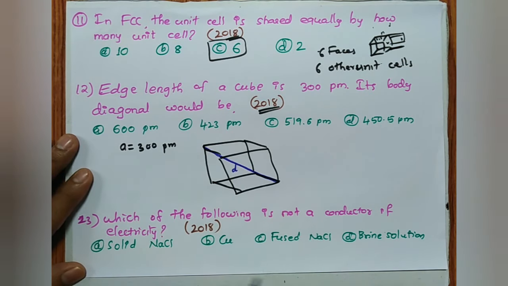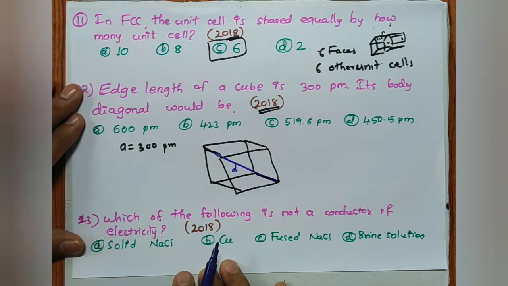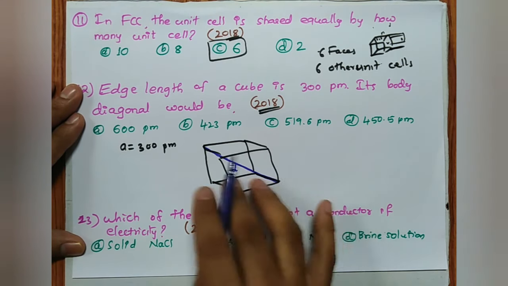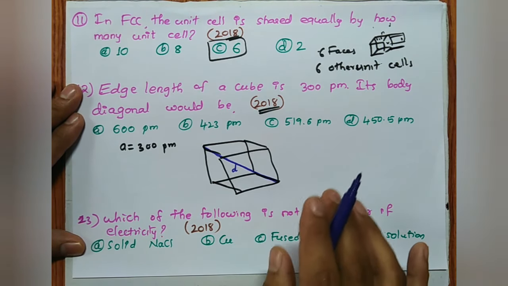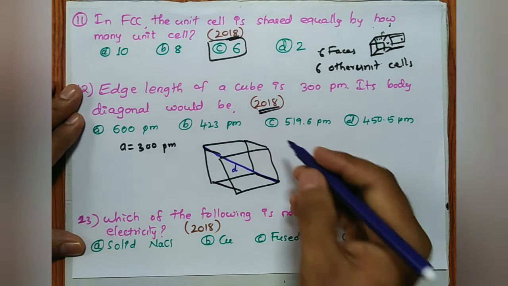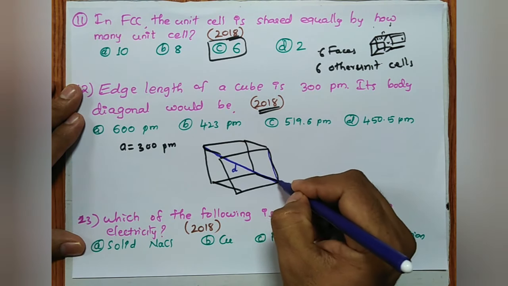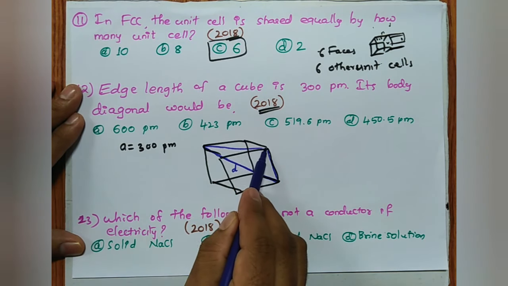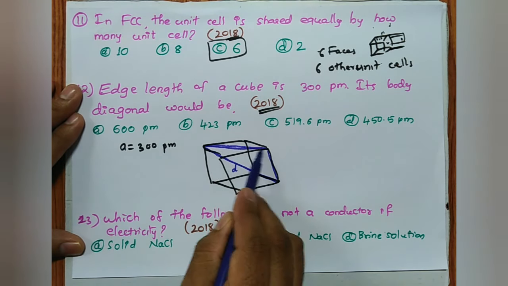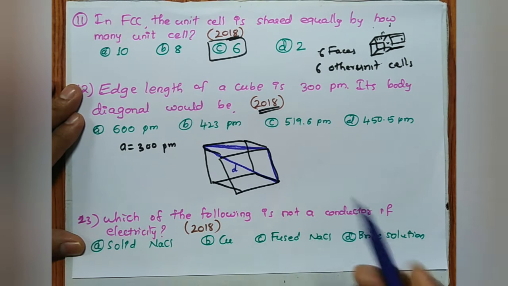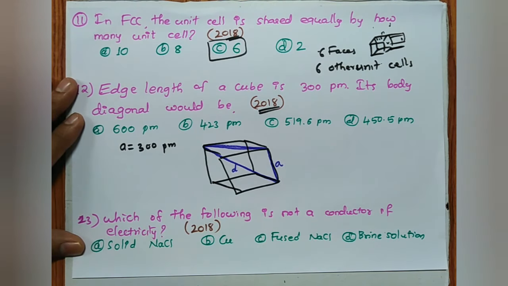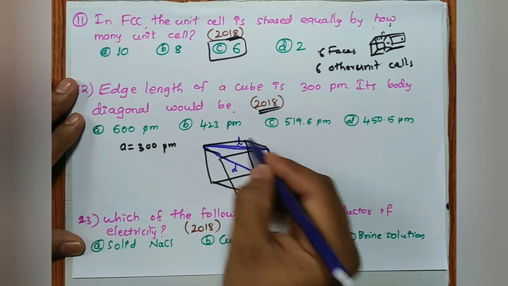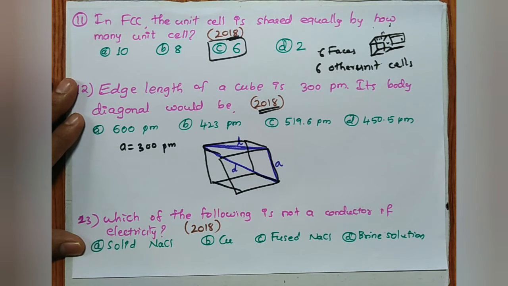This I will take as D. To calculate this D, I require this length and this length. This is A, this is A. I don't have this length, which I will take as L.